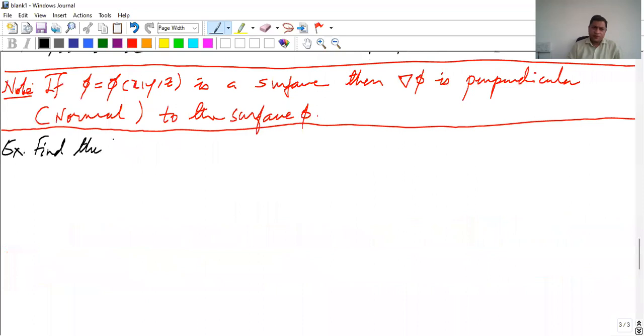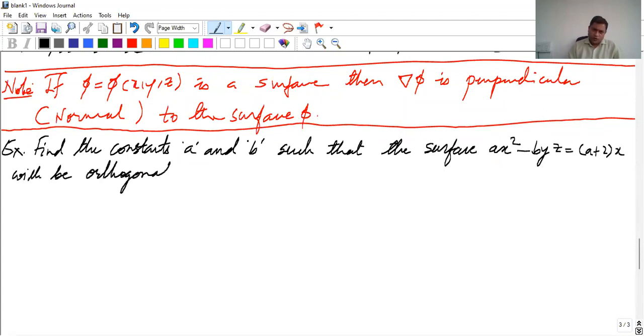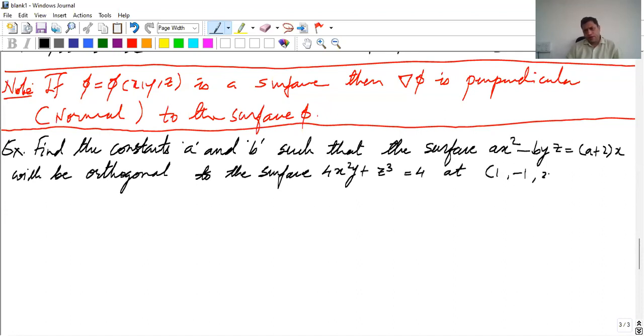Here we have to find the constants a and b such that the surface a x square minus b y z equal to a plus 2x will be orthogonal to the surface 4x square y plus z cube equal to 4 at the point 1, minus 1, 2.